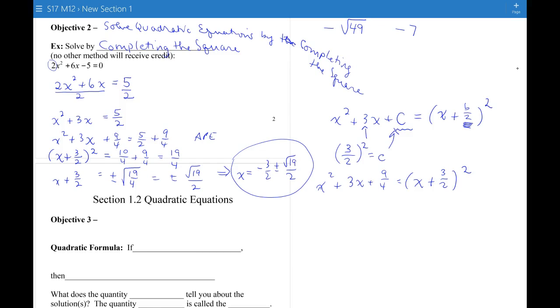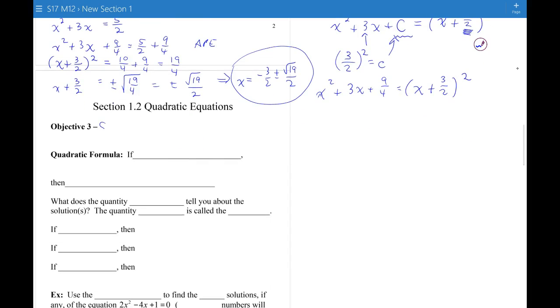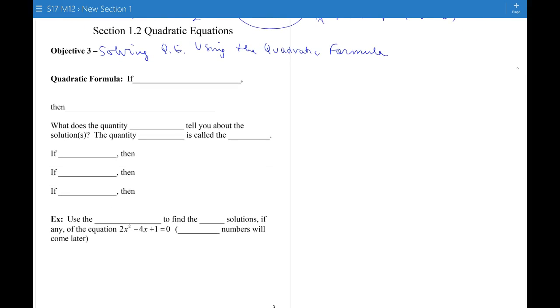Okay, so objective 3 is going to be solving quadratic equations using the quadratic formula. And the quadratic formula is actually a theorem. So it has 2 parts to it. It has an if part and a then part.